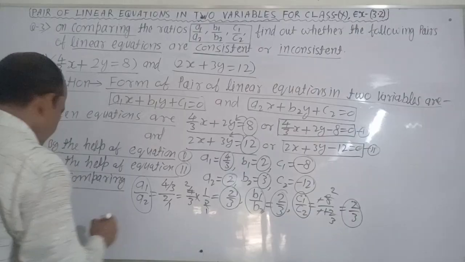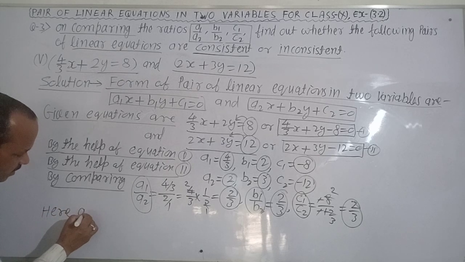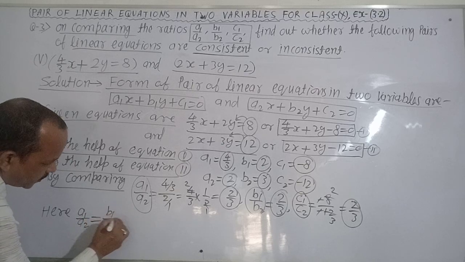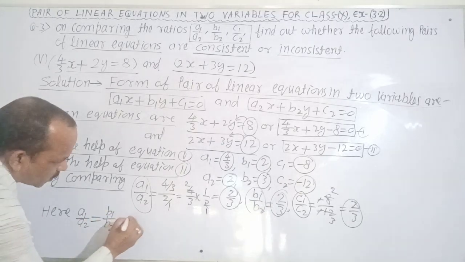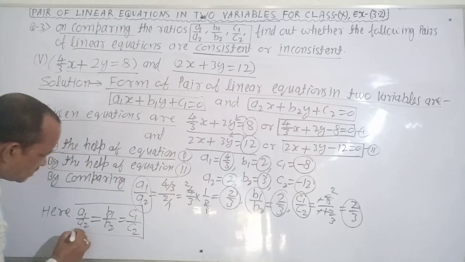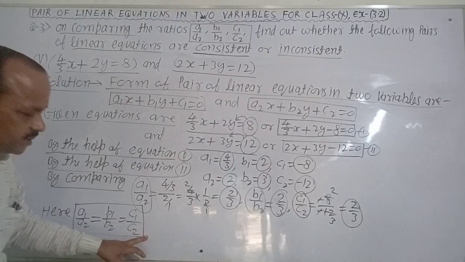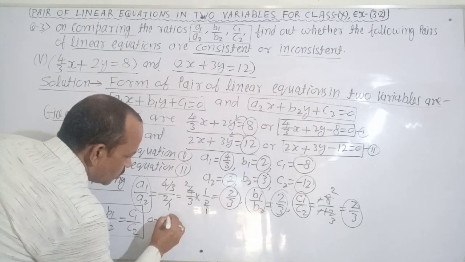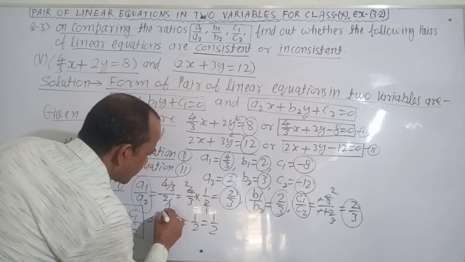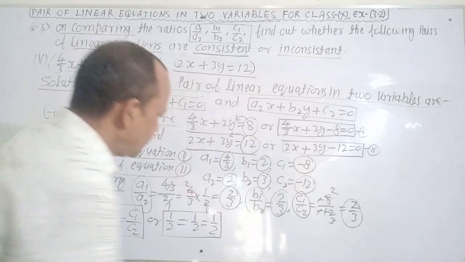Very good. Here a1 by a2 equal to b1 by b2 equal to c1 by c2, or 2 by 3 equal to 2 by 3 equal to 2 by 3.